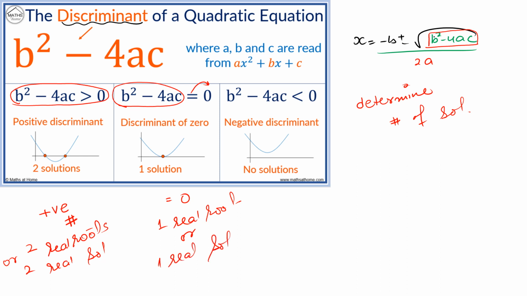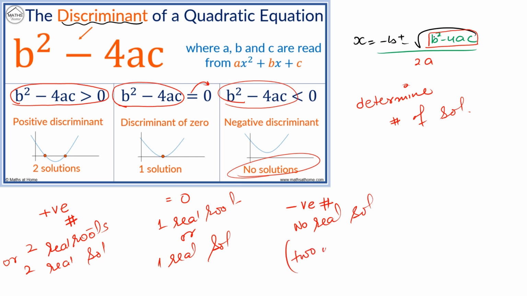Now what if b square minus 4ac is less than 0, which means you get a negative answer? Then you can write no real solution. If no real solution, then what do you have?